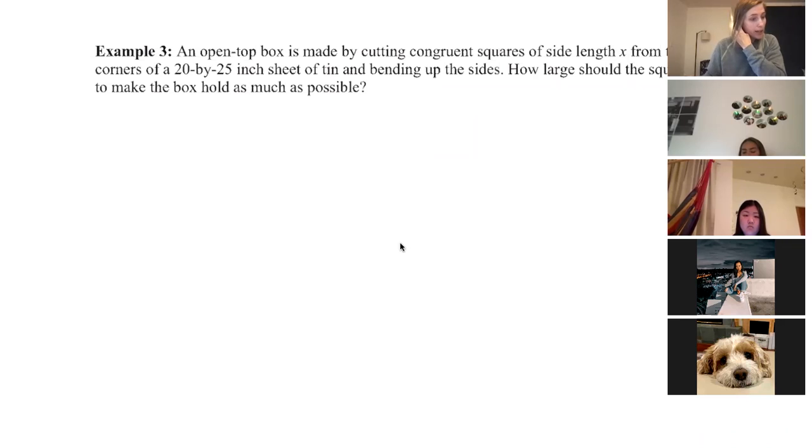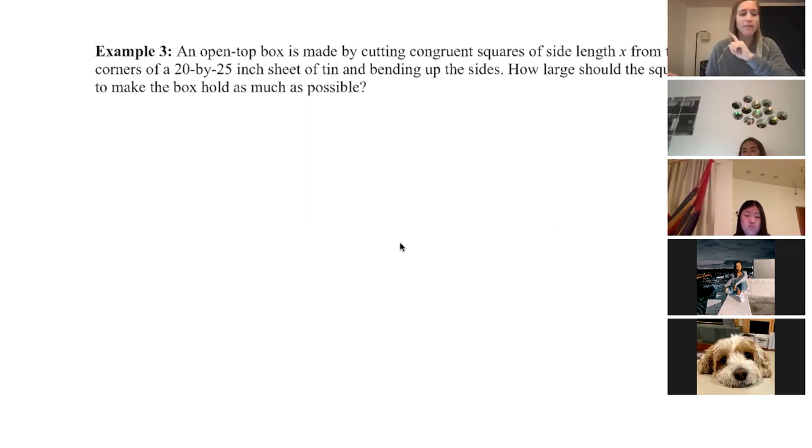So example 3 is a really common optimization problem. Remember how I told you guys the ladder problem is a super common related rates problem? Every calculus textbook usually has a ladder problem. Every textbook has a box problem.